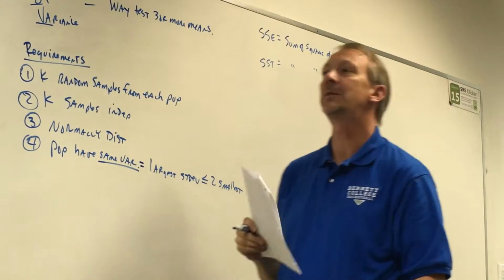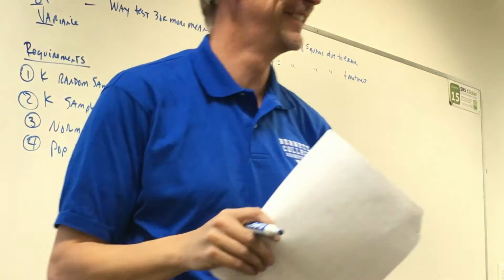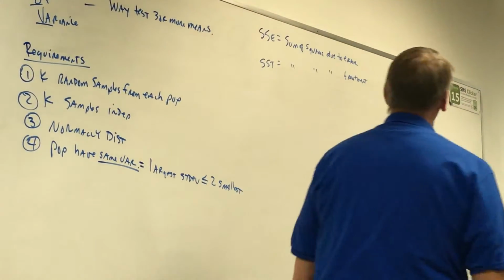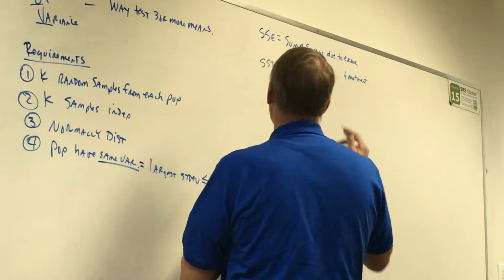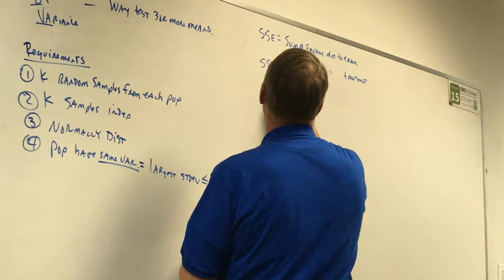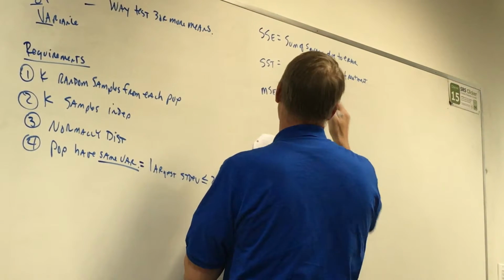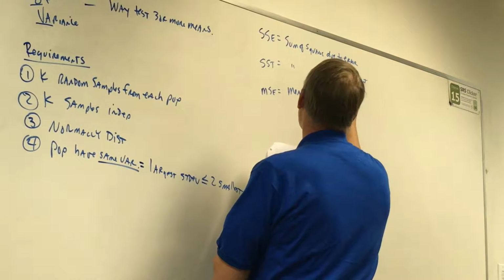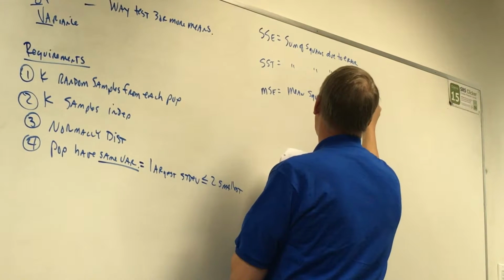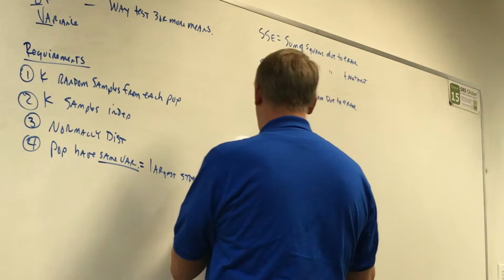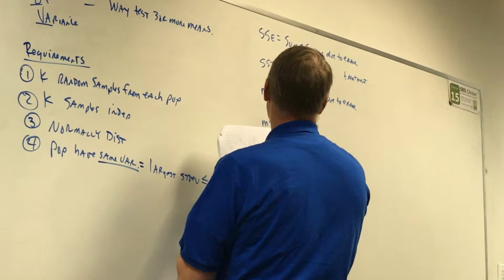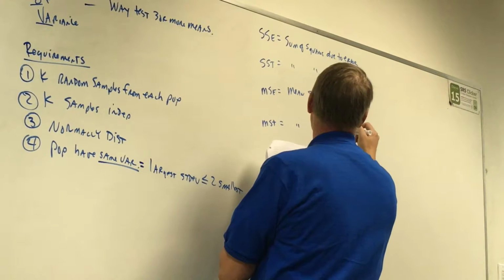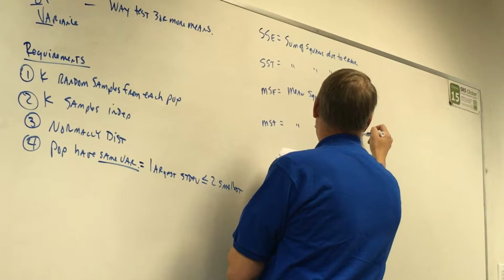In our case, the treatment is you live in a different city, but you could apply this to placebos and drug groups or whatever. Then we have the MSE, which is the mean square due to error. And then we have the MST, which is the mean square due to treatment.